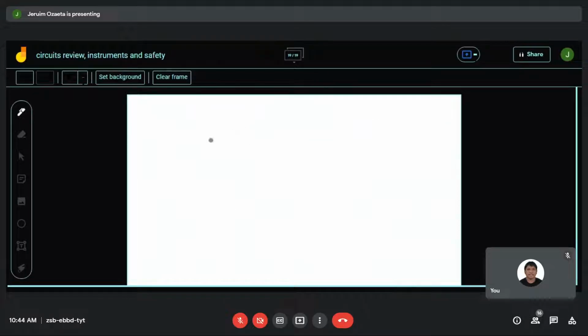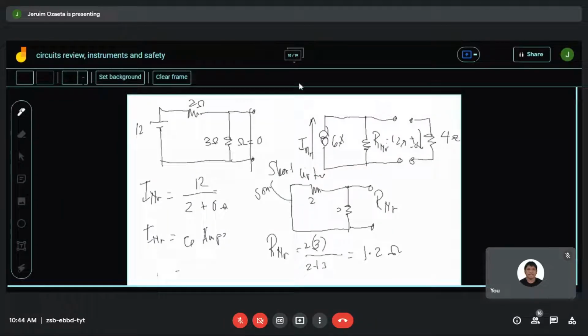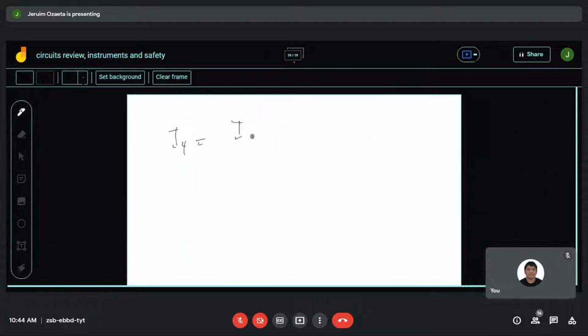So that the current at I sub 4 equals I sub Norton's current times R Norton by R Norton plus R load.